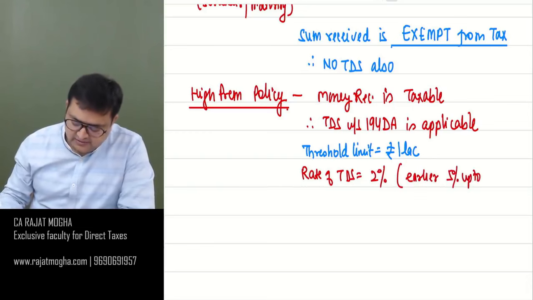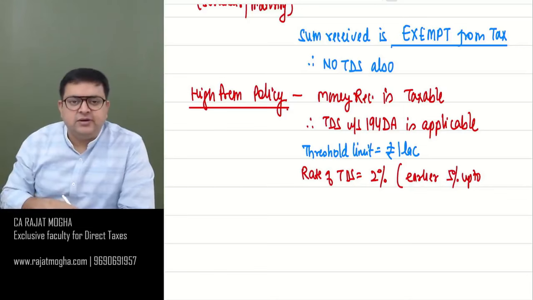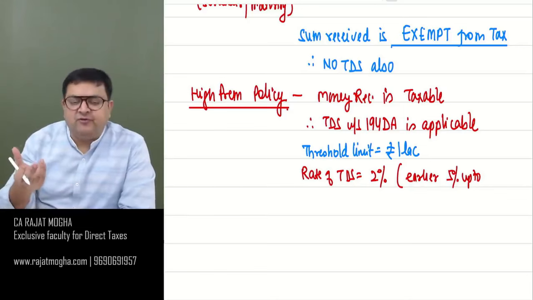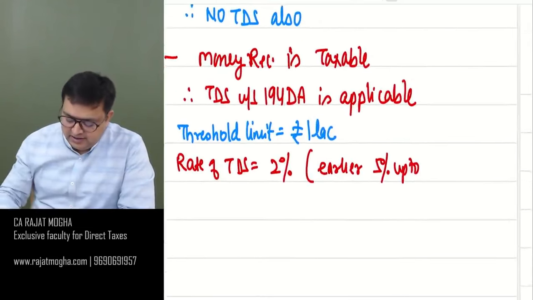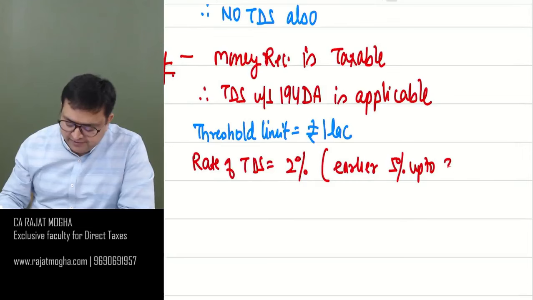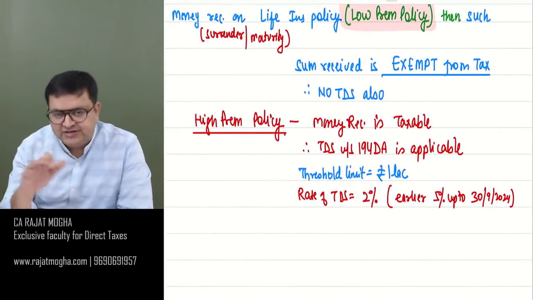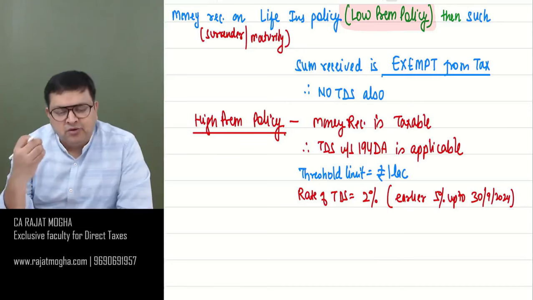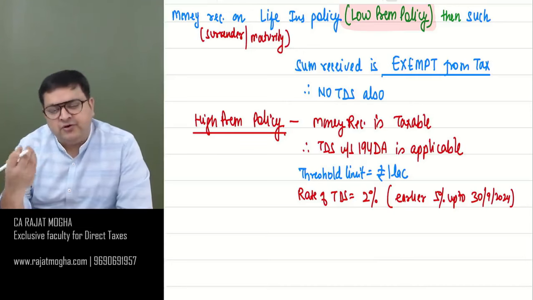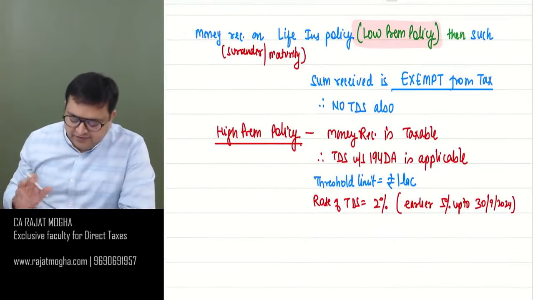I told you that all the TDS rates have changed from 1st October. From 1st October, new rates are applicable, and till 30th September 2024 it was 5%. Mostly where it was 5%, they have made it 2% in almost all the sections, leaving one or two. Understood? Rate of TDS would be 2%.